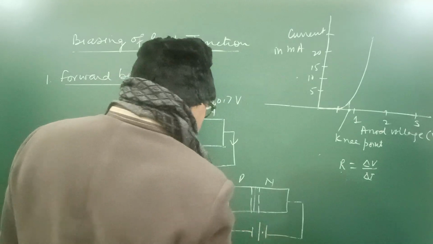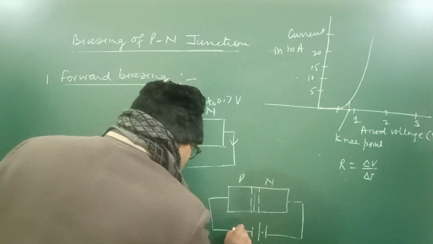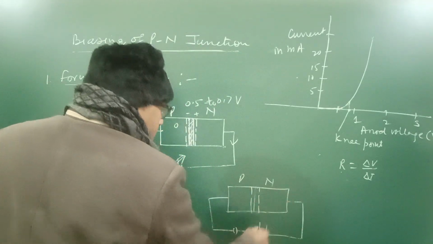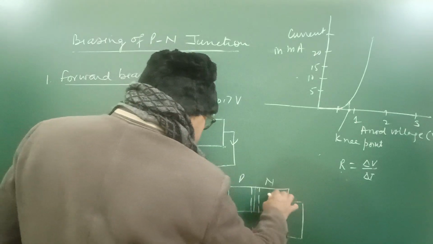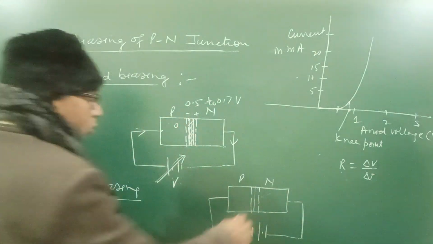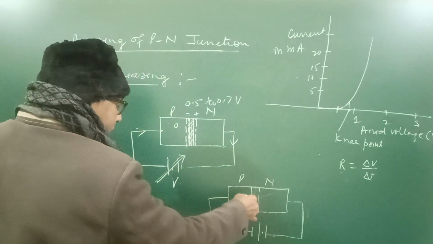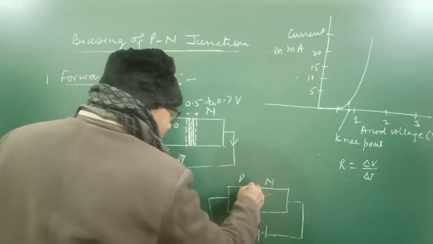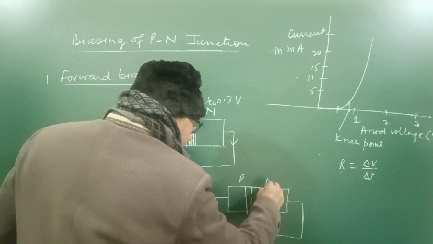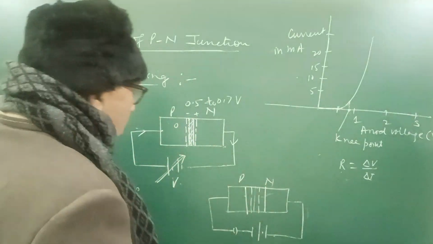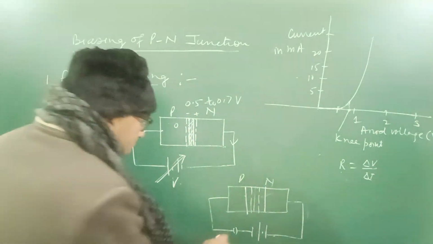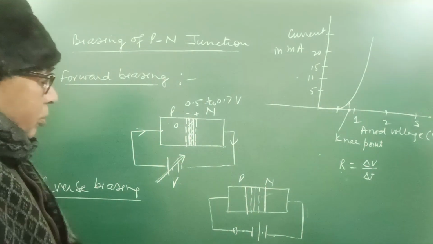So initially, as soon as we close the circuit, the majority charge carrier electrons here get collected to this side and holes to this side. So that way the width of the depletion layer increases, and after a while current becomes 0, no current flows.